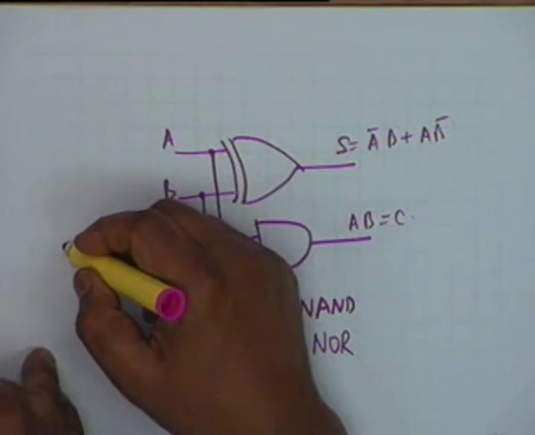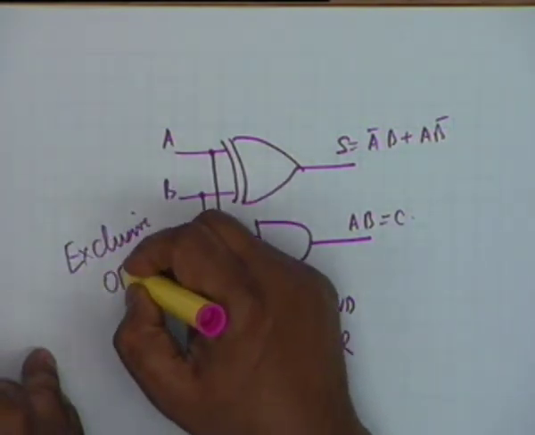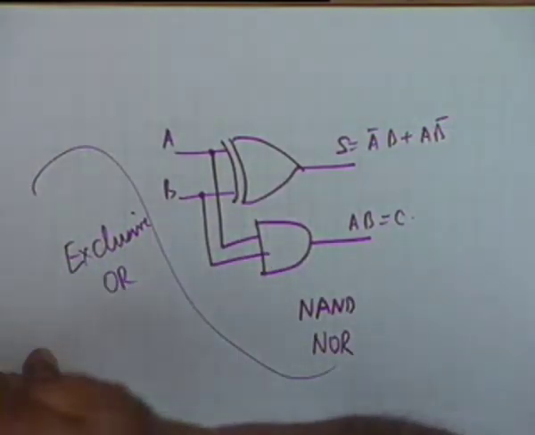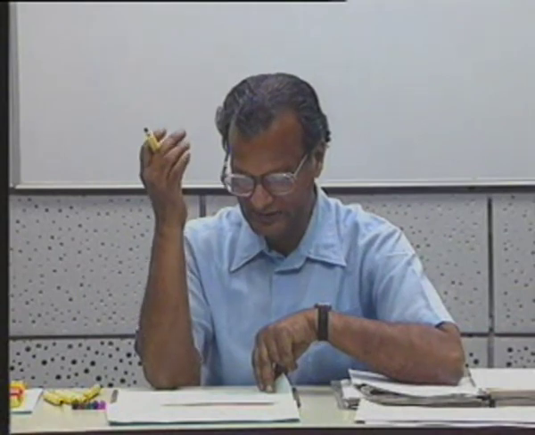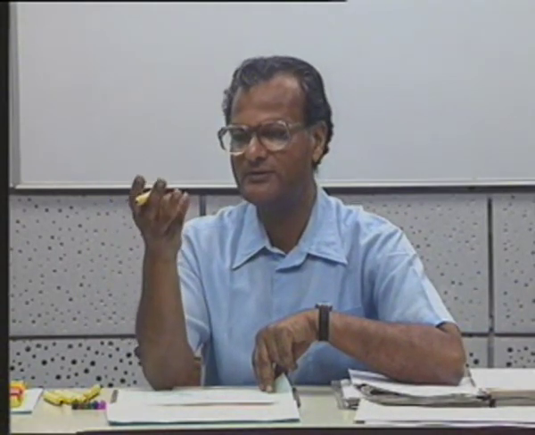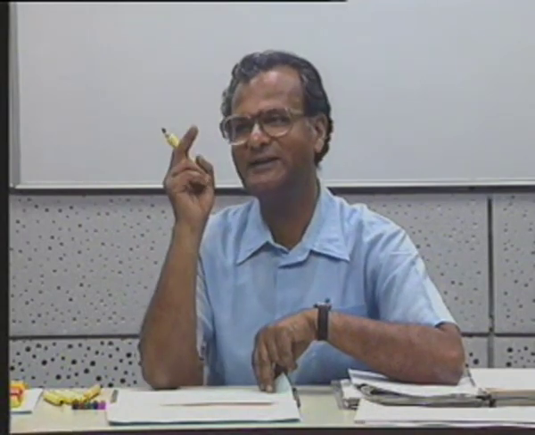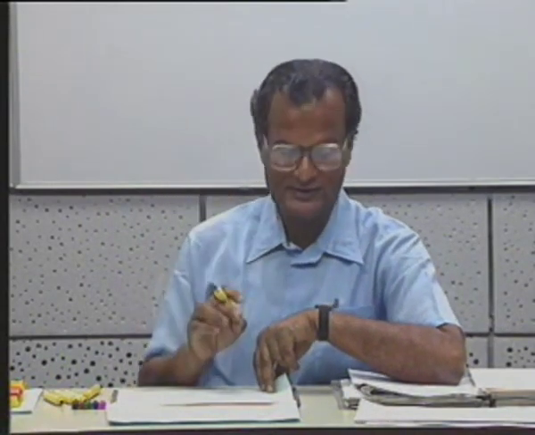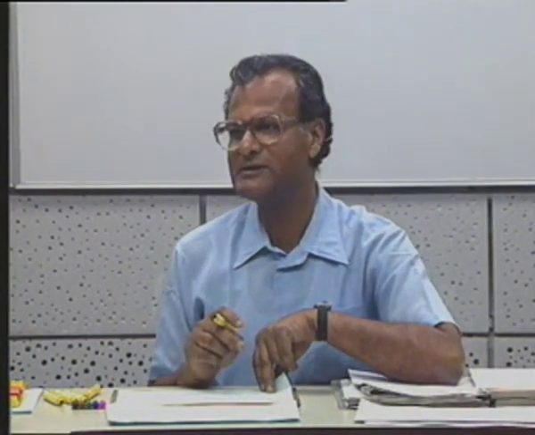If a company decides to manufacture only exclusive OR gates, and then in your circuit design you require AND gates, you require OR gates, you require NOT, that is the inability. So exclusive OR is therefore not a universal gate.